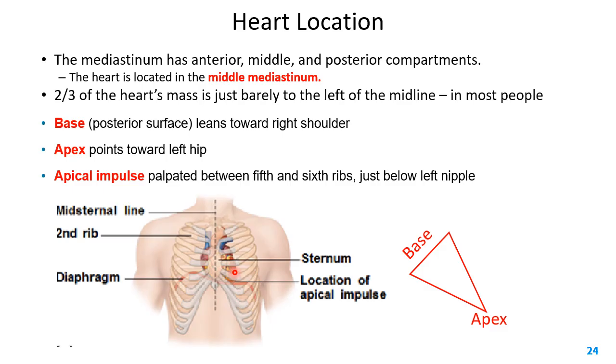So if you are a typical person with the apex pointing to the correct side, which is the left side, then you're going to find the apical impulse of the heart right there, right under your left side, on top of the diaphragm.